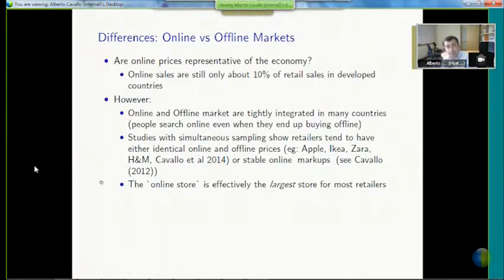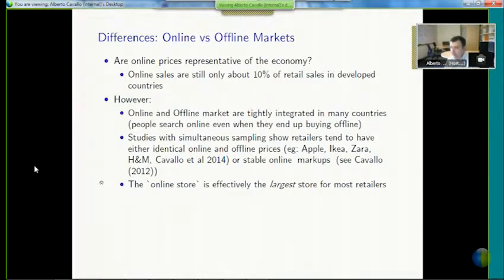And this that we call the online store is in practice the largest branch or the largest outlet of these retailers. For example, in the case of Walmart, online business is about 8%, but most do not sell more than 1% online. So these are very, very large types of retailers.